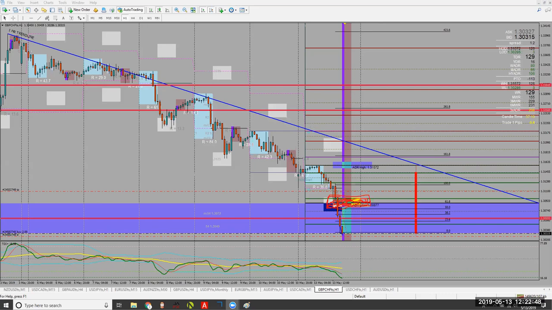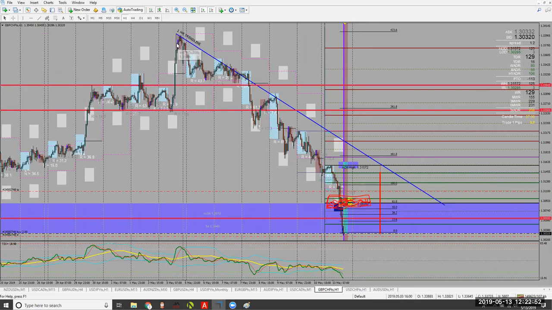All right, so just looking here at this hour chart, if we zoom out, I got this hour trend line. Look at this hour trend line, and let's count the touches on it. 1, 2, 3, 4. 4 touches, okay? 4 touches, and then we just fell out.